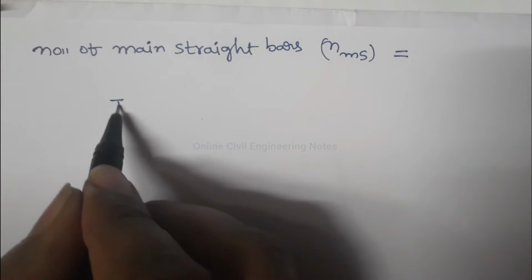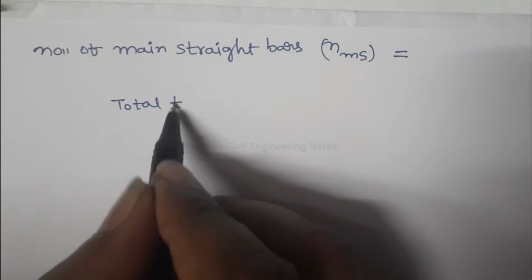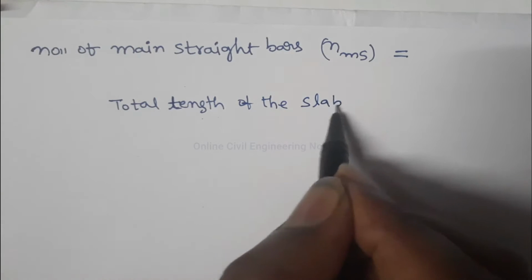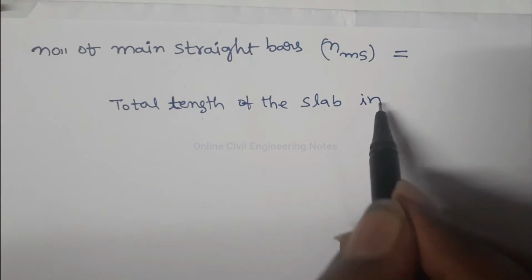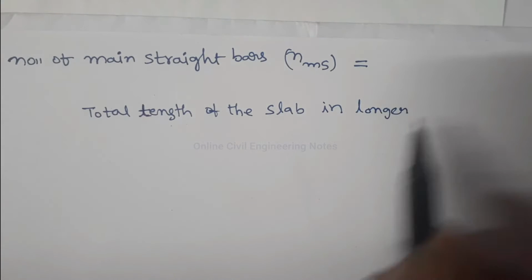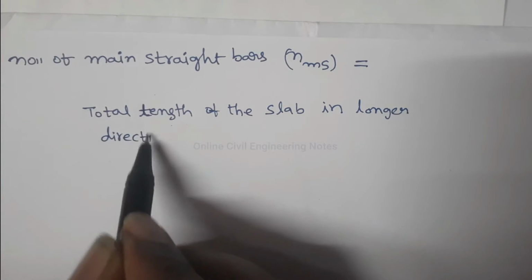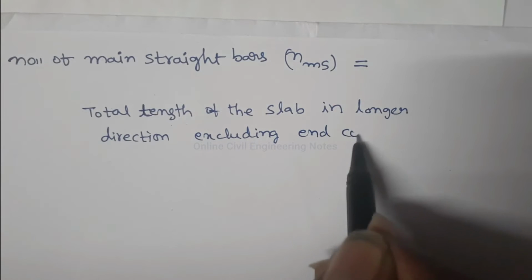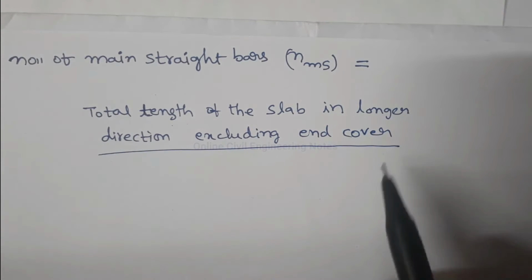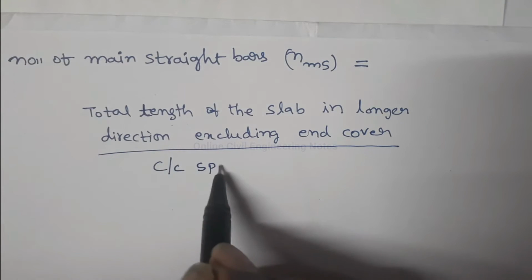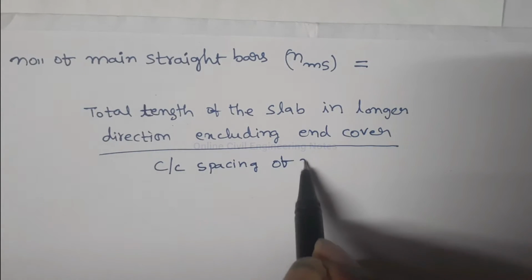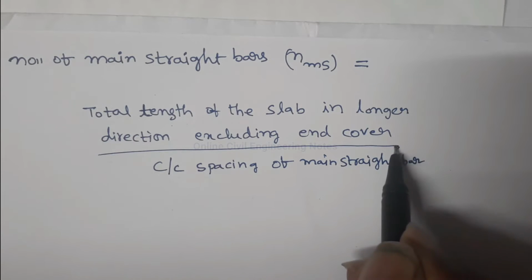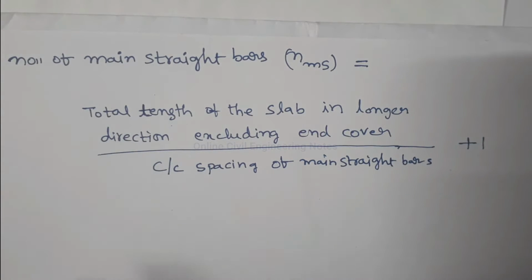Now calculate the number of straight bars required. NMS is equal to total length of the slab in longer direction excluding cover, divided by center to center spacing of main straight bars, plus 1.